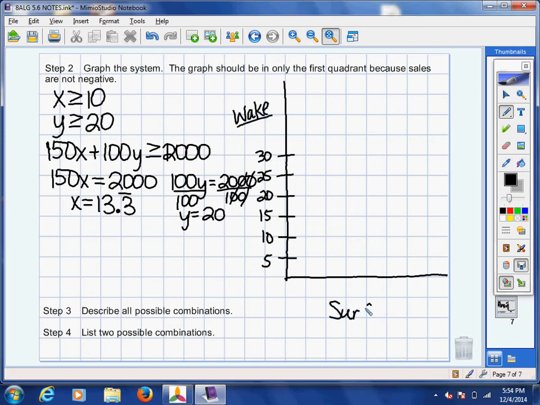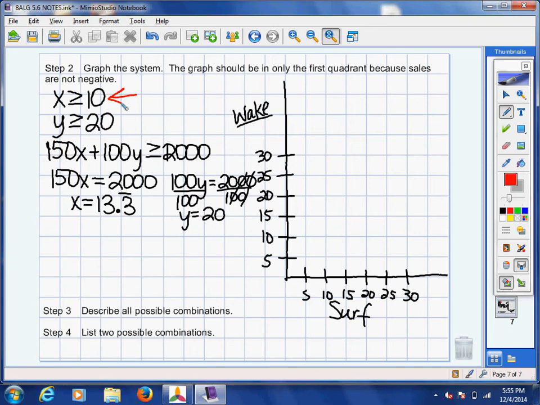And I'll make this number of surfboards, and we'll go again by fives, 5, 10, 15, 20, 25, and 30. There we go. And let's start with the first inequality. I'm going to switch to red. I'm going to do this first inequality in red. Okay, that's going to be the first of my three colors.